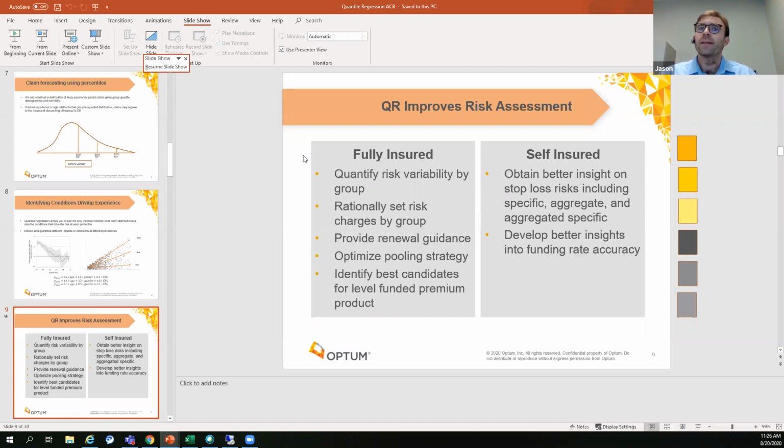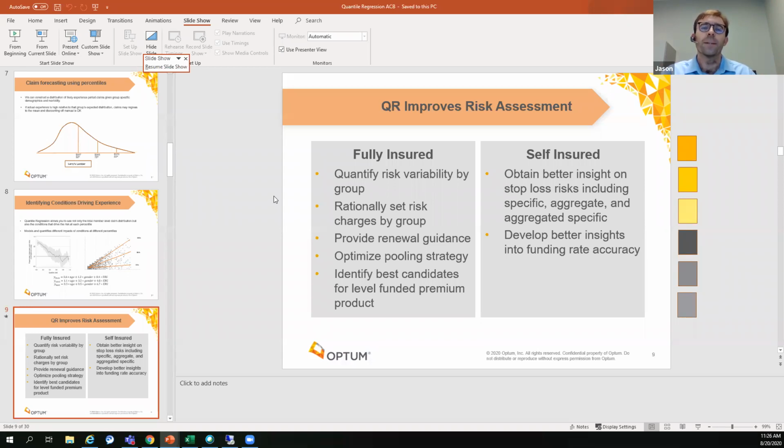On top of that, it allows you to say, group A versus group B may have the same expected claims and the same expected rate for the future. But if one of them has a confidence interval for that rate that's twice the length of the other, then you're going to need to build more margin into the group that has the wider confidence interval, where you're less sure of your future projections.